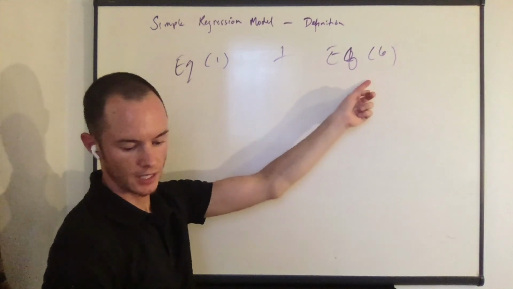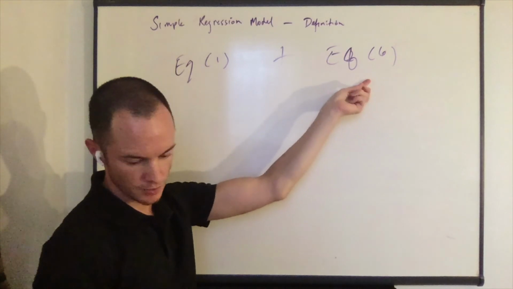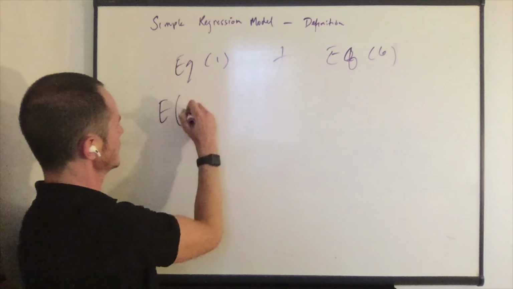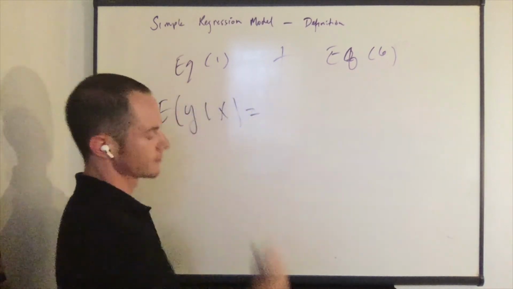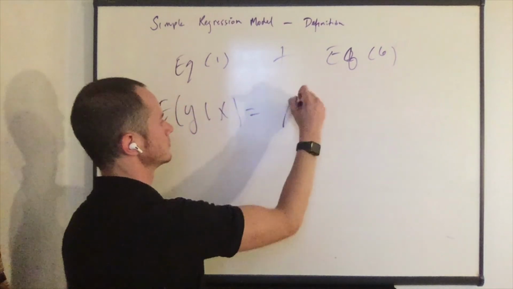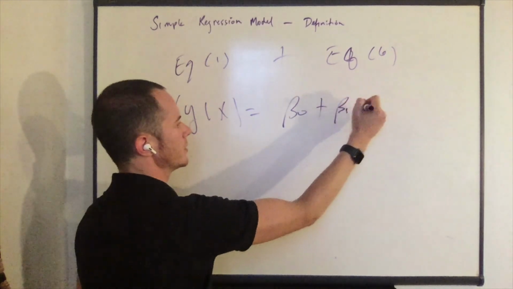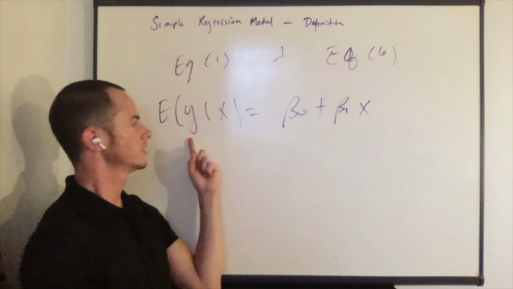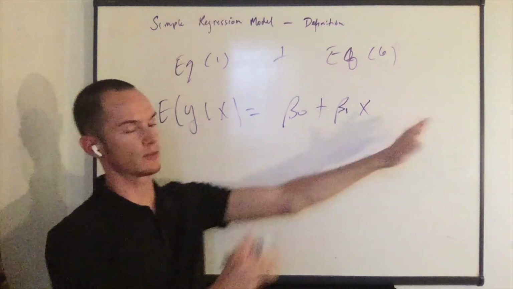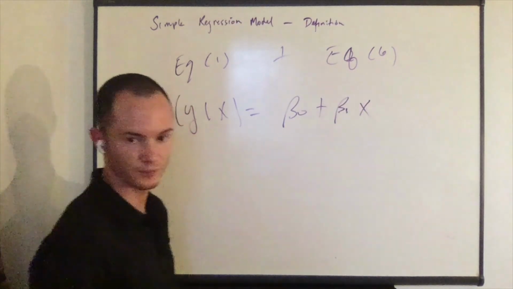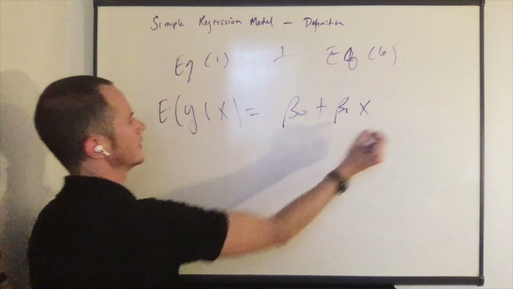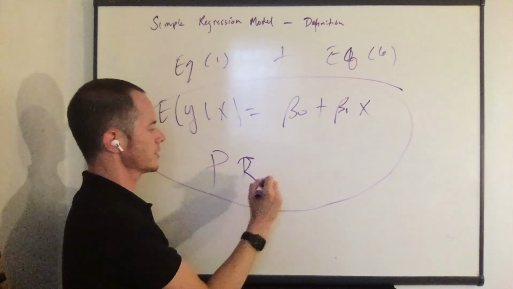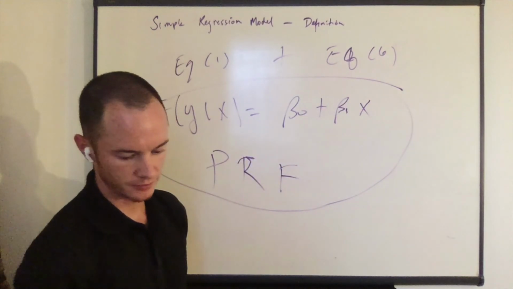Equation 6 is the mean independence assumption. Let's put these things together, and we get that the expected value of y given x is equal to beta naught plus beta 1 times x. The expected value of y, which u is a part of, given x, is equal to 0, so that term falls out.